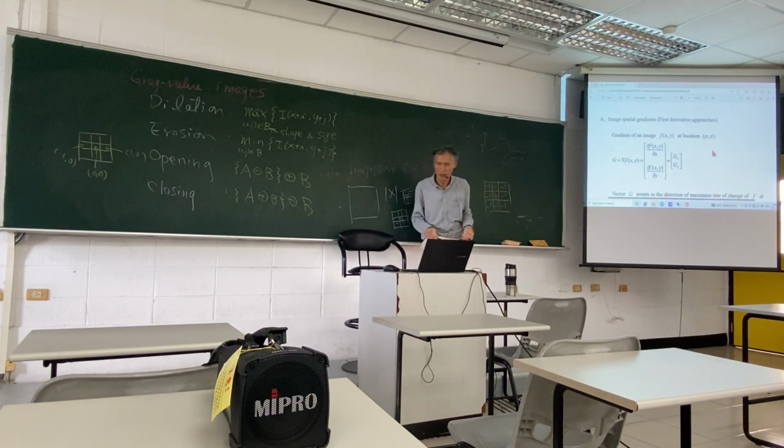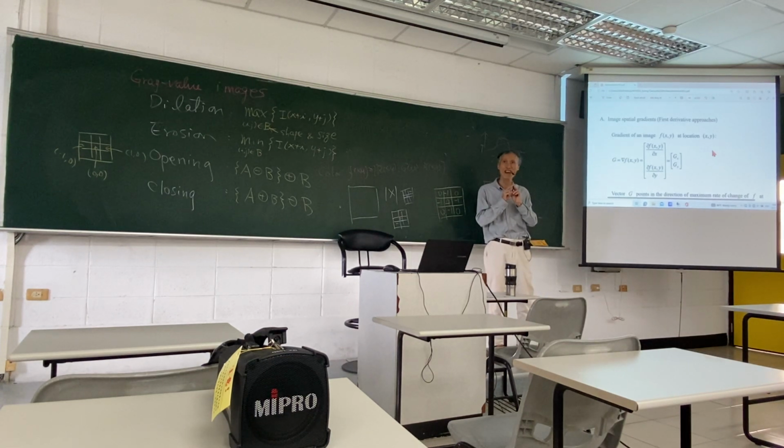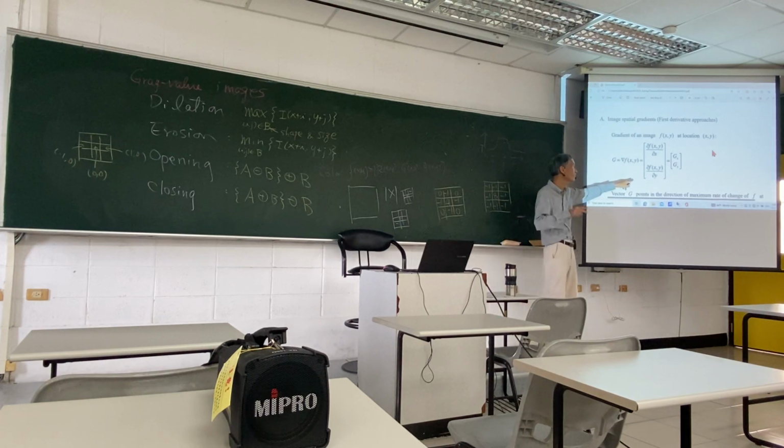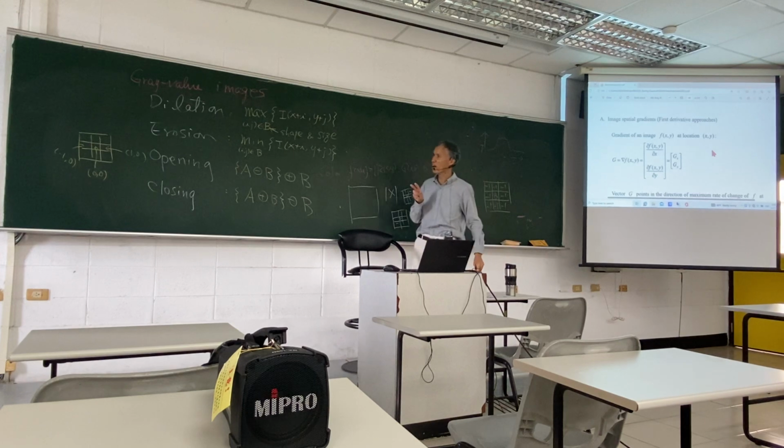In image processing, when we talk about the gradient, actually we mean the magnitude of the gradient. But actually, gradient is a vector. Whenever we talk about a vector, it means we have two things. One is the length of the vector.